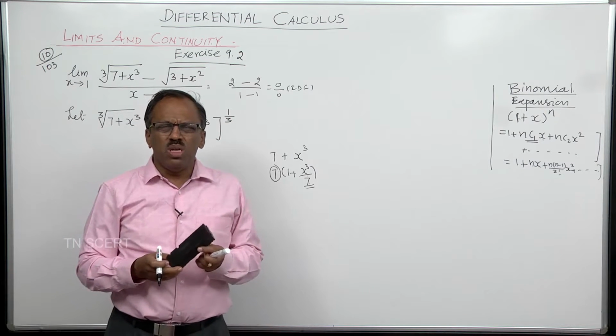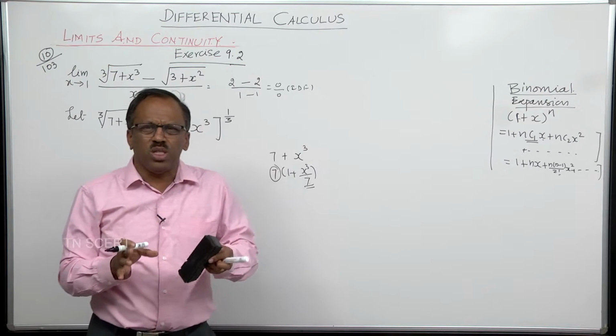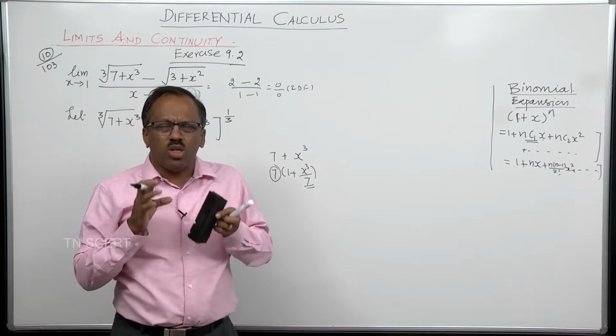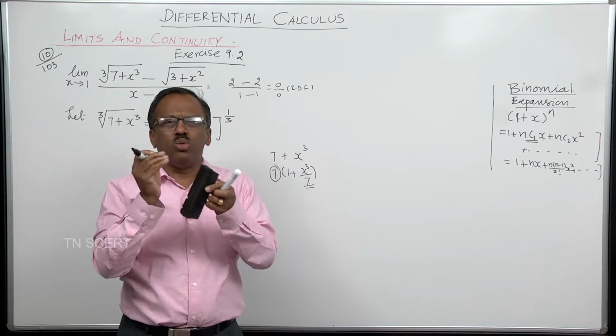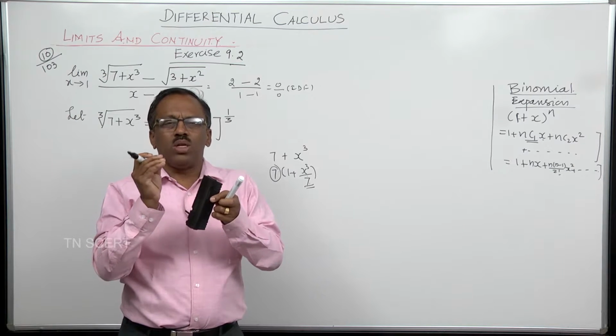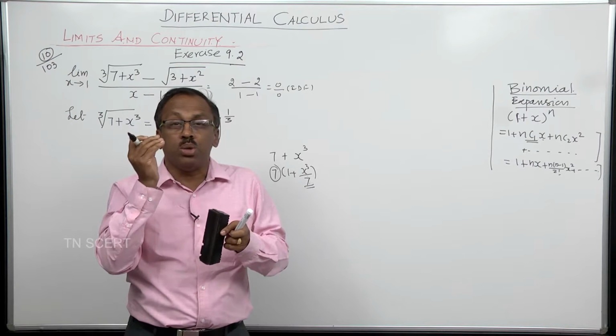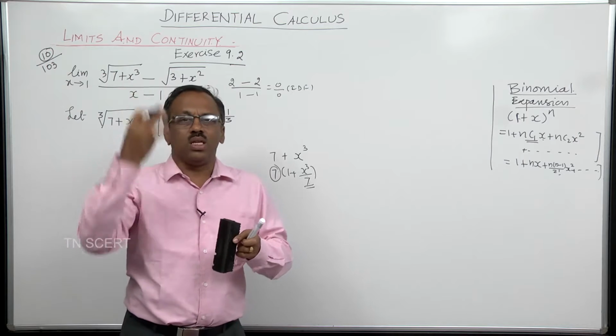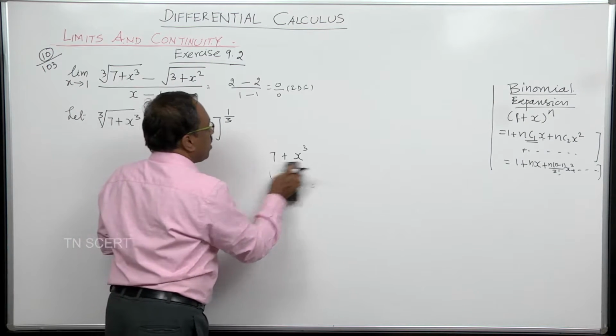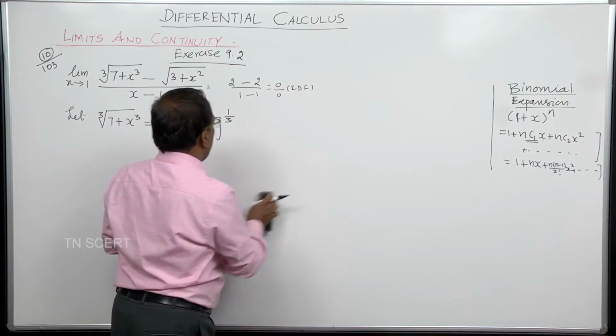We cannot get a proper solution for this problem. So what should I do? I should do something mathematically, intuitively, as I said. Let us think what I can do for that.